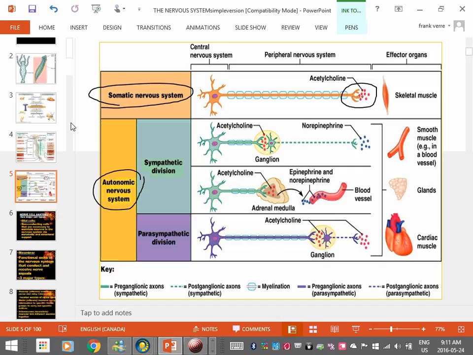Now, the autonomic nervous system is the system that you don't control. Okay? So somatic is what you control. The autonomic is what you don't control. What would be an example of something in your body that's regulated by the nervous system that you don't control? Like you just do it.